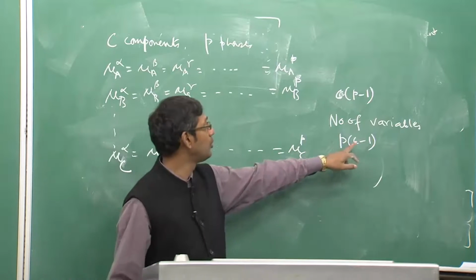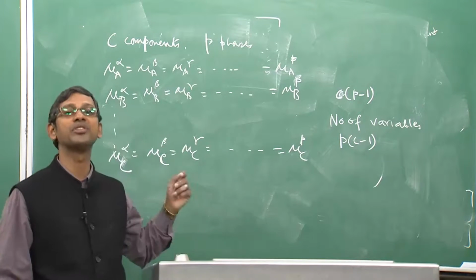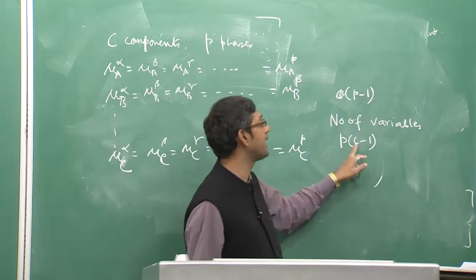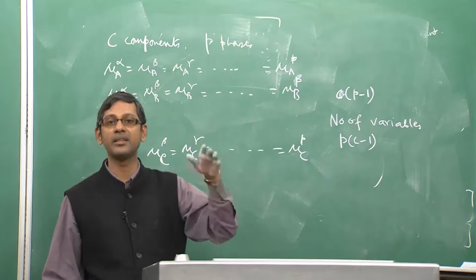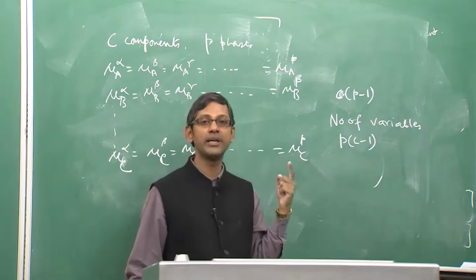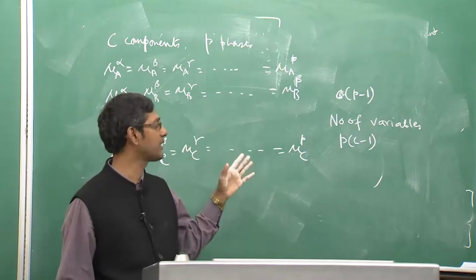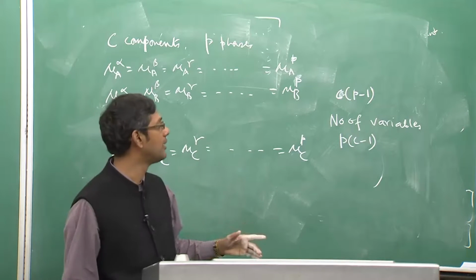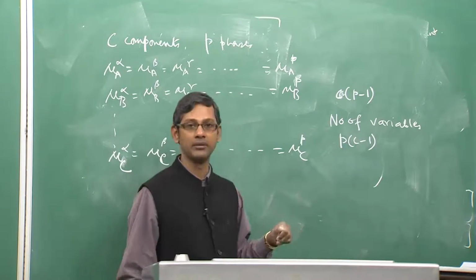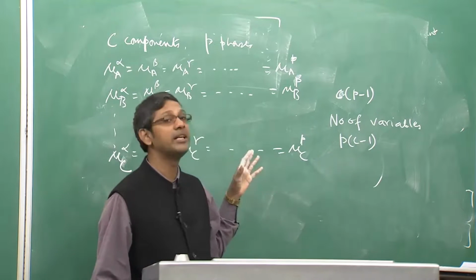If I know the compositions of C minus 1 components, I know the composition of all C components, because xA plus xB plus xC plus xD plus xN equals 1. If I know the mole fractions of all but the last, the last one can easily be known because the summation is equal to 1. That is why C minus 1. Now there are P phases, therefore C minus 1 into P is the number of composition variables.